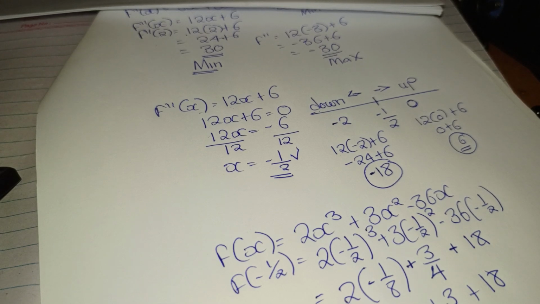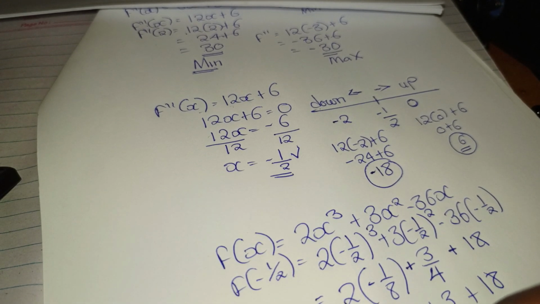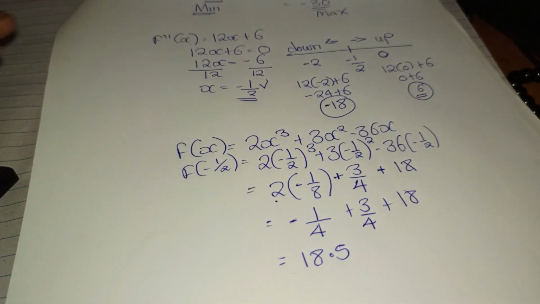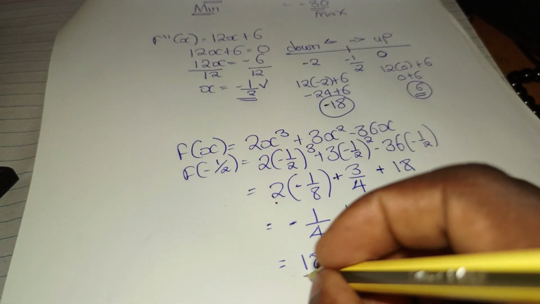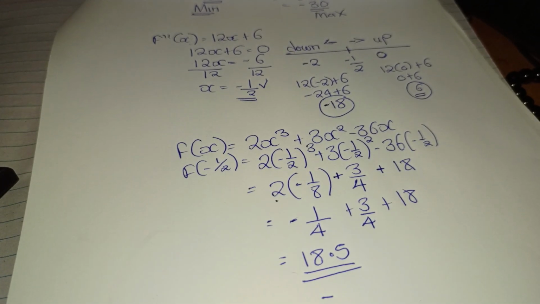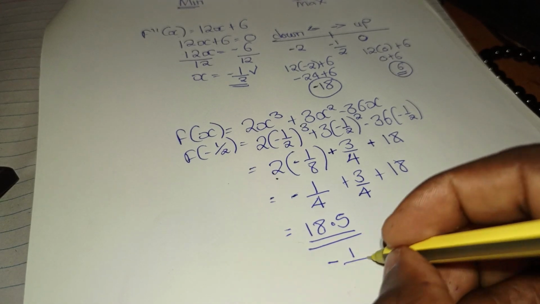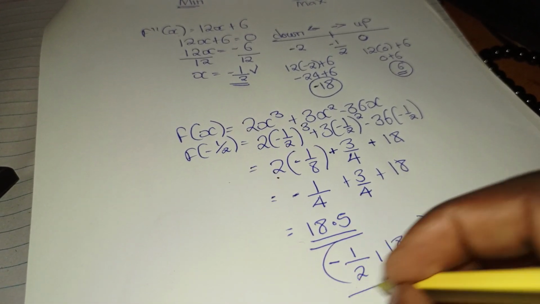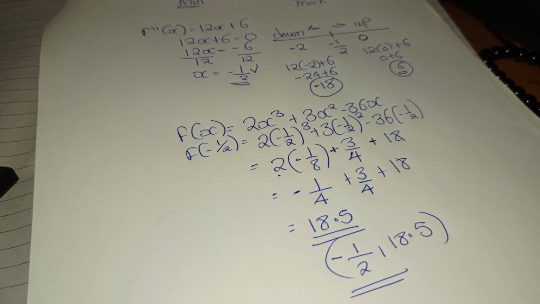Immediately you punch that on your calculator, it will give you 18.5. So the point of inflection is (-1/2, 18.5).